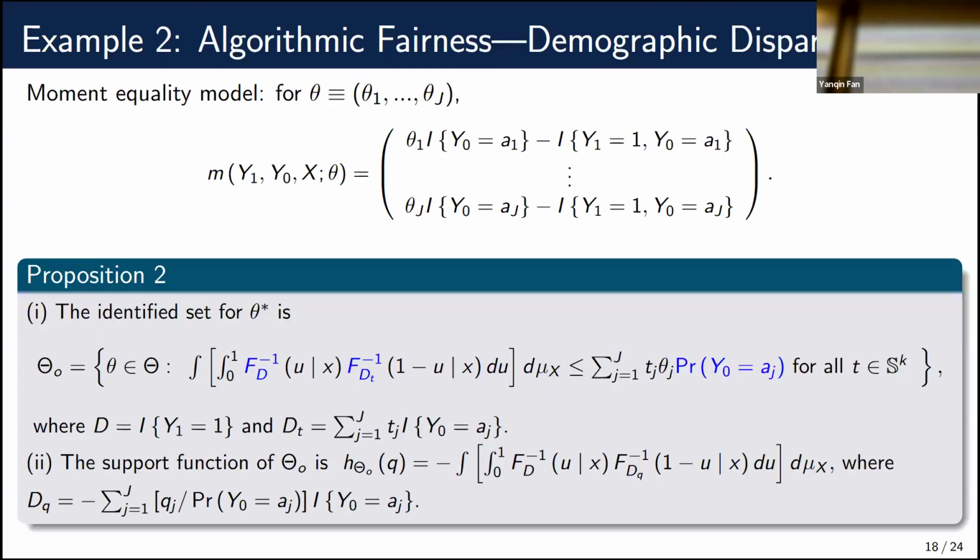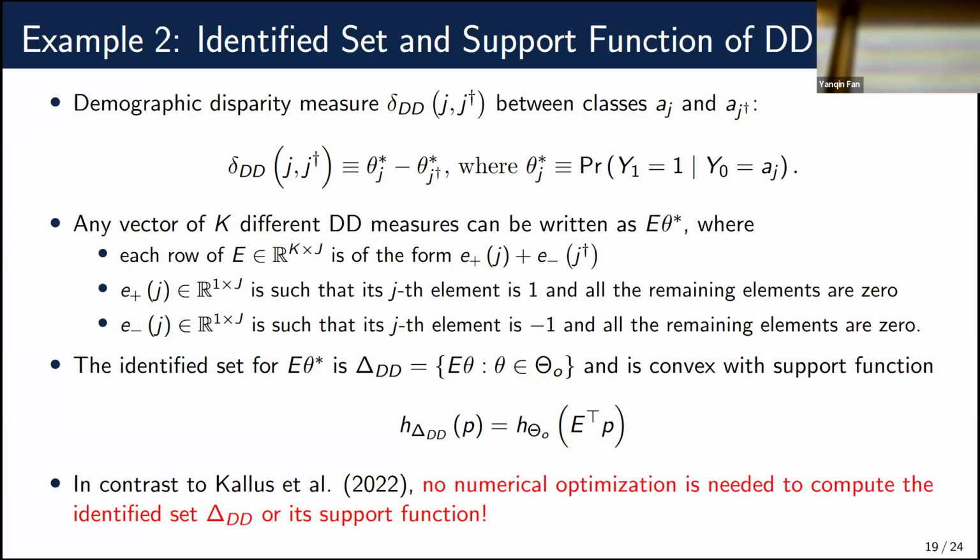Okay, so let me finish this slide. And as I mentioned, this is for theta star, right? It's not for DD measure. But the DD measure, as I mentioned, is just a linear transformation, right? So any number of DD measures can be written as a matrix times theta star.